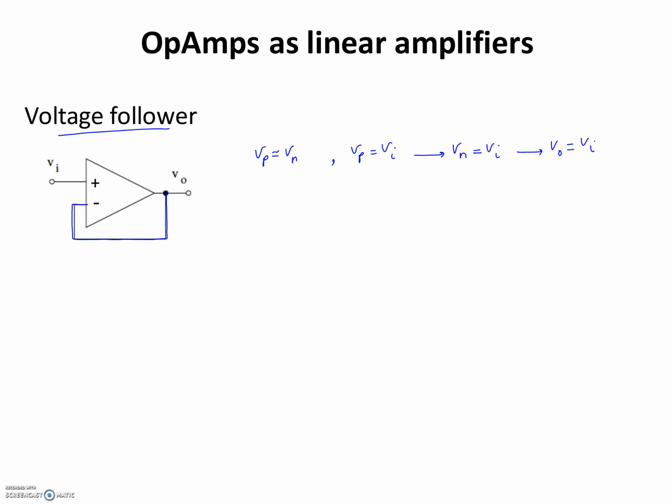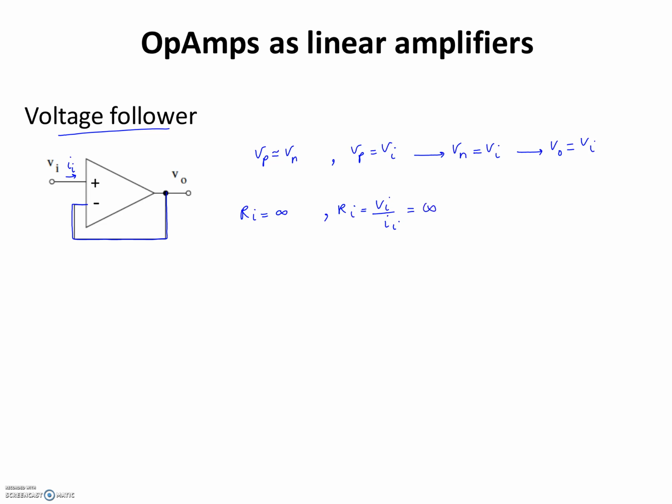As you saw before, op-amps have the benefit of having a very large input impedance and very small output impedance. Specifically for this configuration, the input impedance Ri is equal to infinity, because Ri is defined as Vi divided by Ii, and this is my input current, Ii, which is equal to 0, so no current goes into the op-amp.